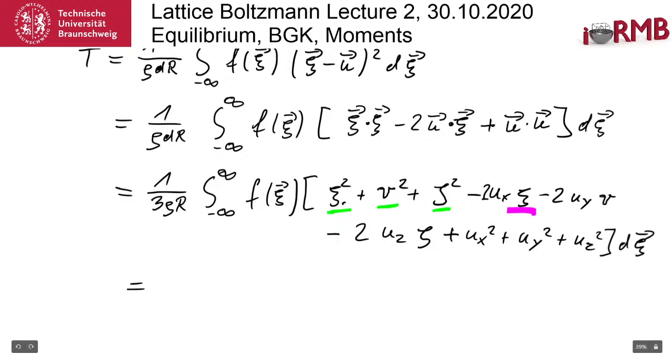So this gives us first order moments. And the guys back here, this gives us 0 order, because there's no xi, epsilon, or zeta in it. So it's just a constant.